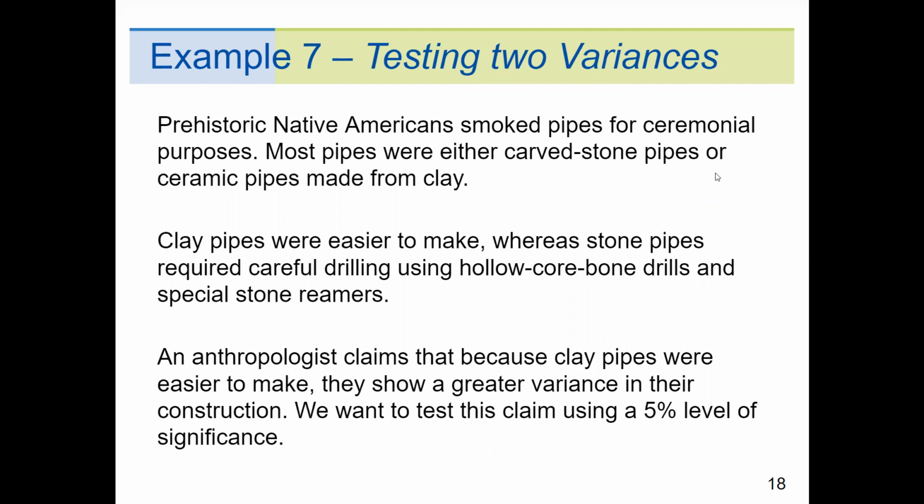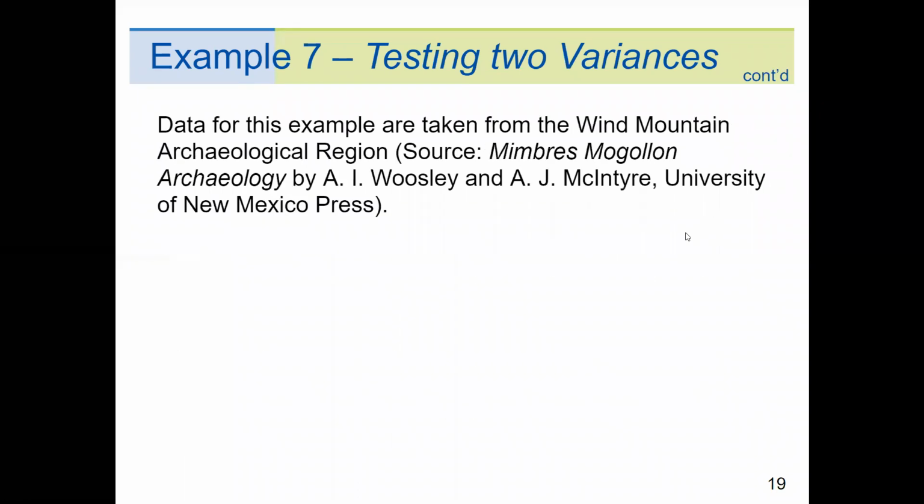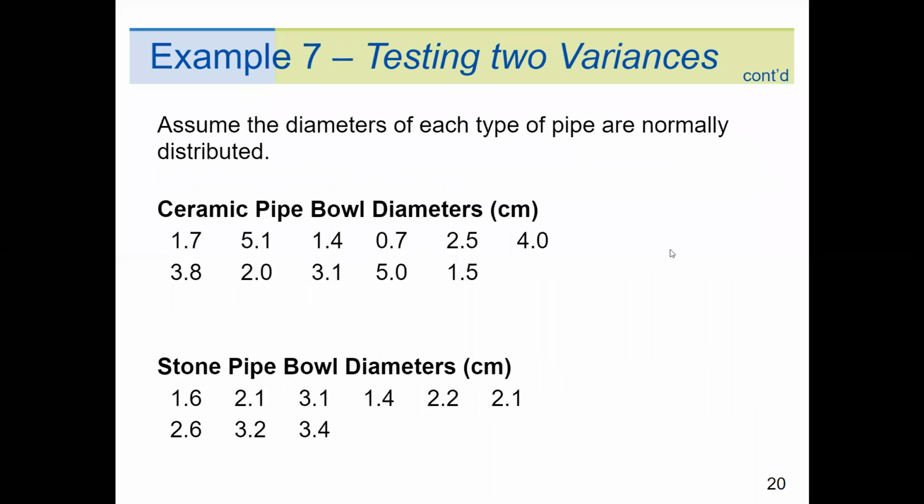An anthropologist claims that because clay pipes were easier to make, they show a greater variance in their construction. We want to test this claim by using a 5% level of significance. Data for this example was taken from Wind Mountain Archaeological Region. Assume the diameters of each type of pipe are normally distributed. There's your information.